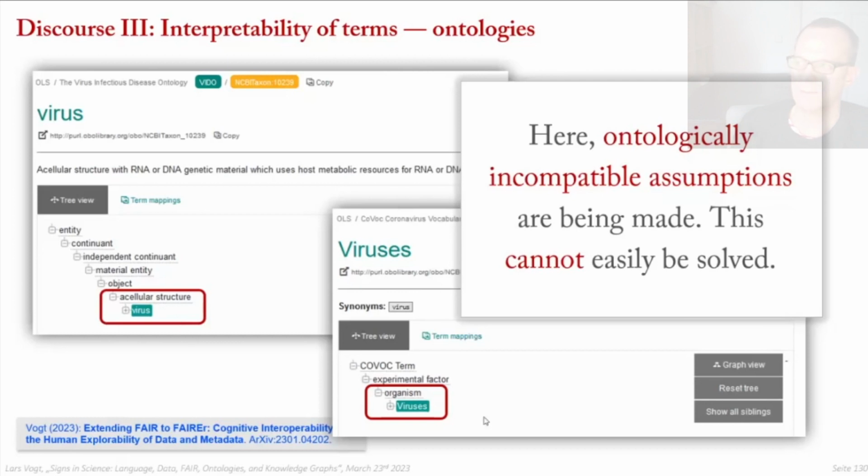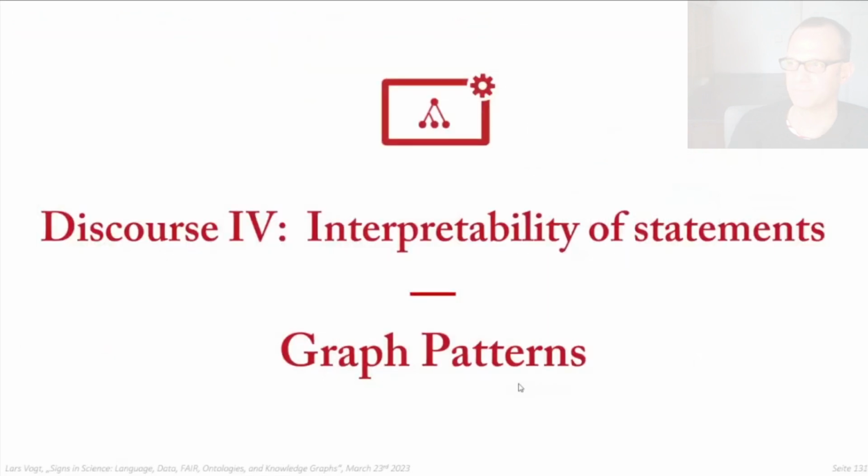So you see here different meanings. You cannot basically translate one into the other without changing the meaning. So these two terms are incompatible because they use incompatible assumptions. So in this case, we cannot solve the problem of ontological interoperability.